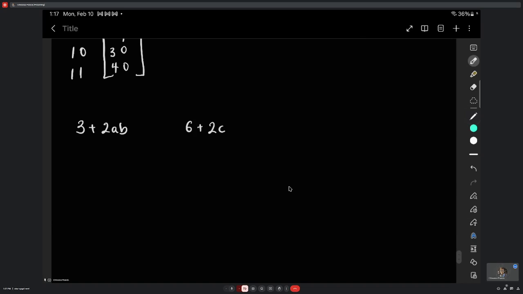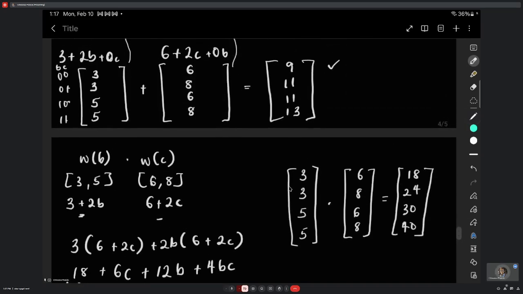Right? So this is going to have two values, but this guy is going to have 4 values. What are this guy's values? 6 and 8.